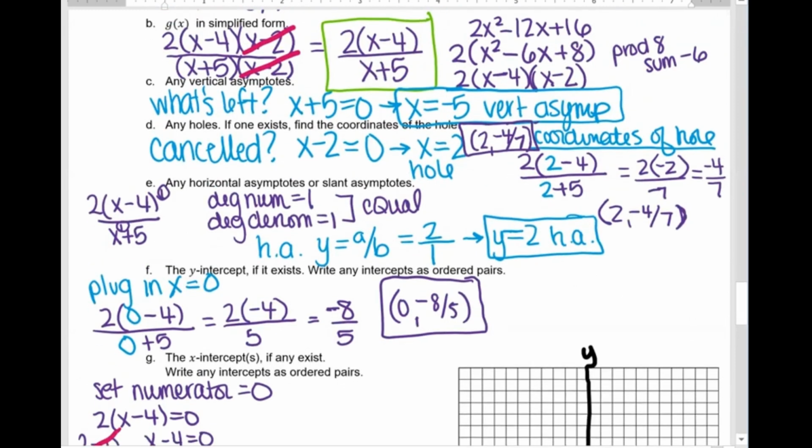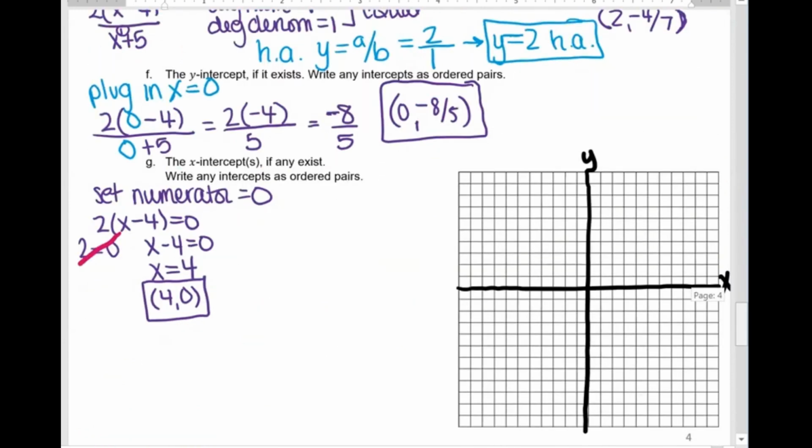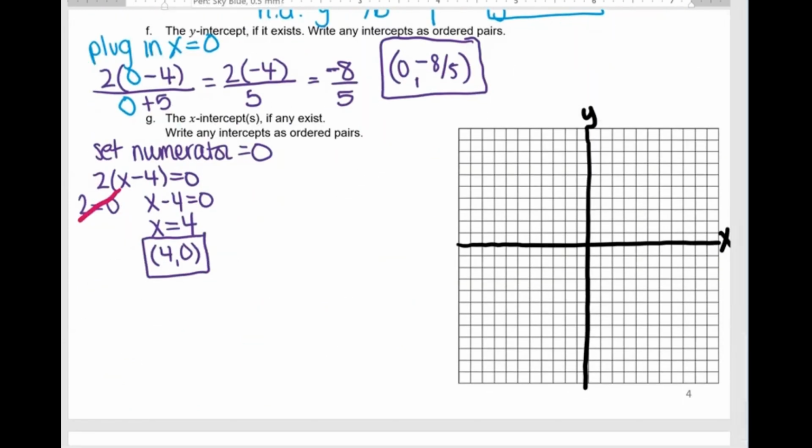I have a vertical asymptote at x equal to negative 5. So I'm going to go 1, 2, 3, 4, 5 to the left and do a dashed vertical line, and label it x equal to negative 5.